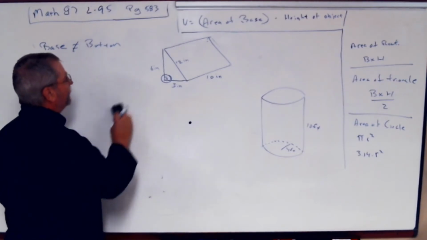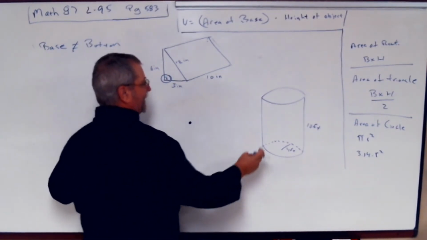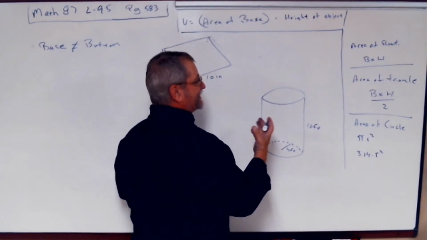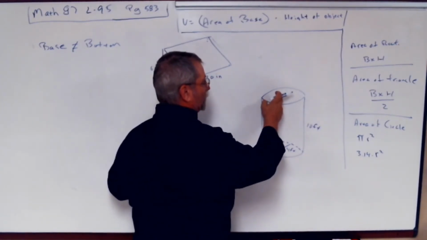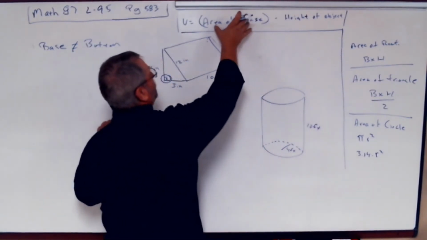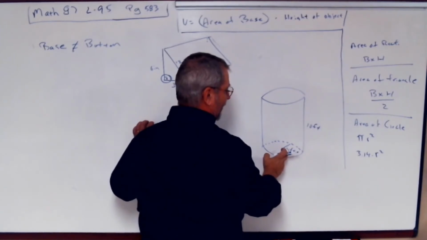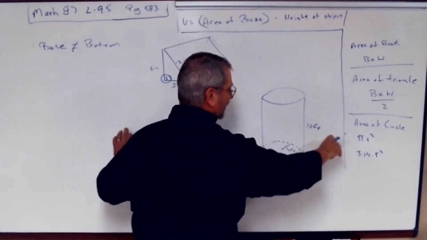All right? This here is called a right circular cylinder. The base of this thing here is a circle. So area of the base, area of a circle. Here's the radius. So I put that number into that equation.